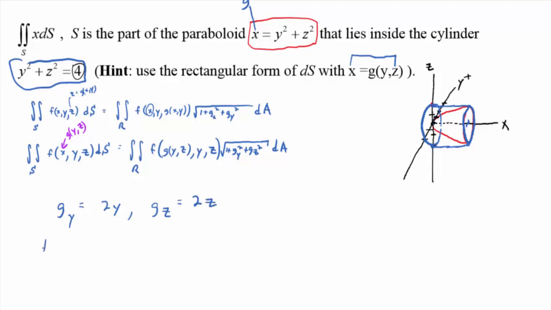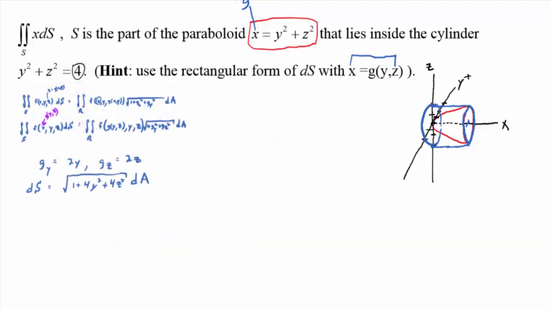So then our surface area element ds would be the square root of 1 plus 4y squared, you got to square it, plus 4z squared, dA, right?